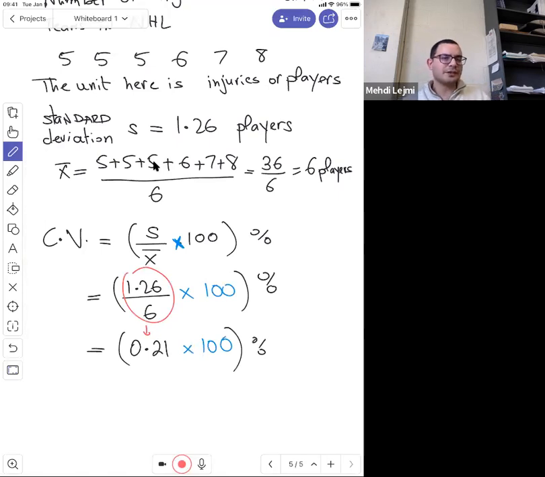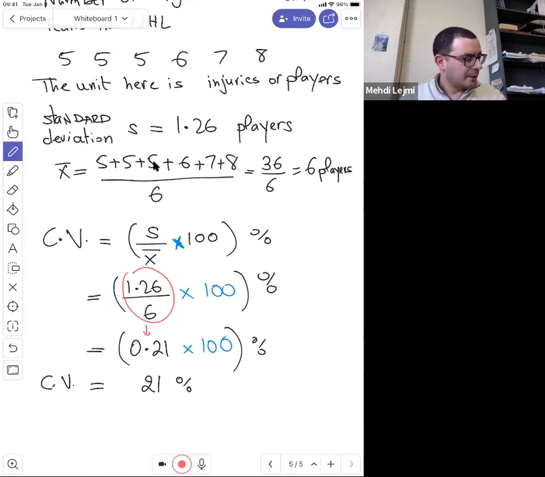So 0.21 times 100 will be 21. And so the answer would be 21%. So this is the coefficient of variation of the second sample.